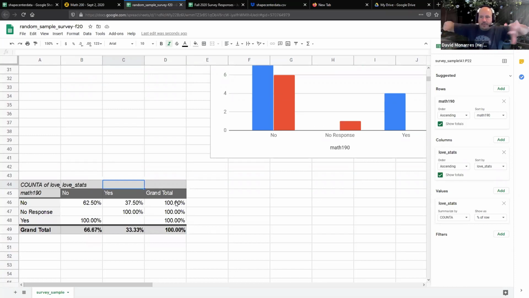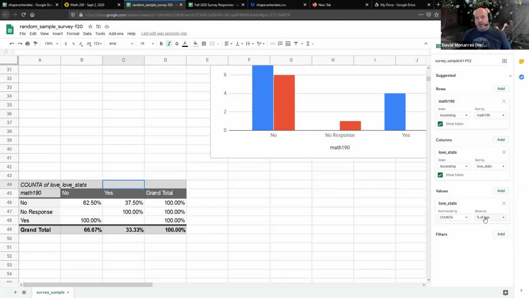So those are my separate groups, okay? And then what I'm looking at is the percentage of no's and yeses within those separate groups. So I'm dividing up the data based upon the rows when I do a row percentage, okay?